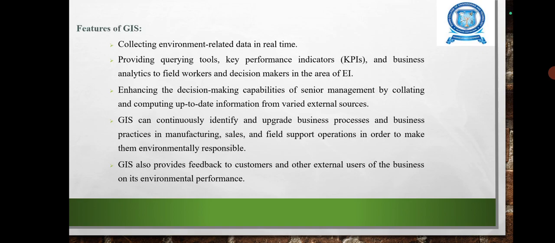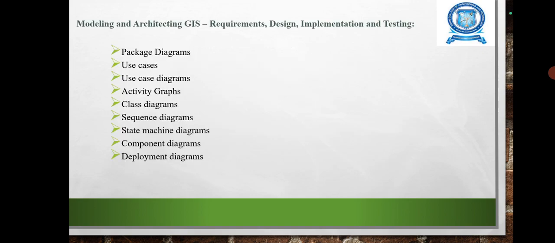GIS can continuously identify and upgrade business processes and business practices in manufacturing, sales, and field support operations in order to make them environmentally responsible. It also provides feedback to customers and other external users of the business on its environmental performance.